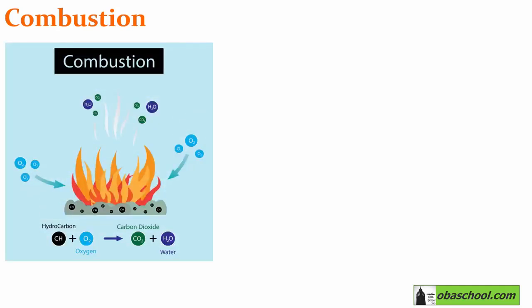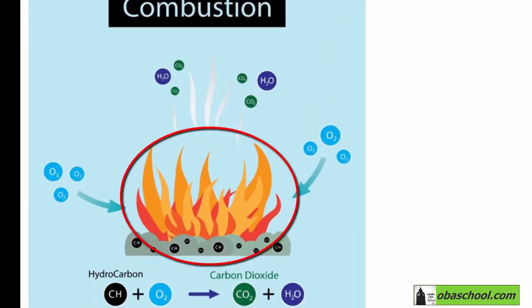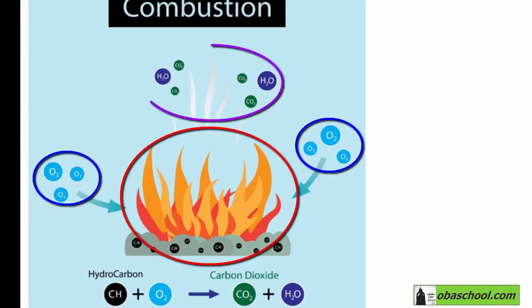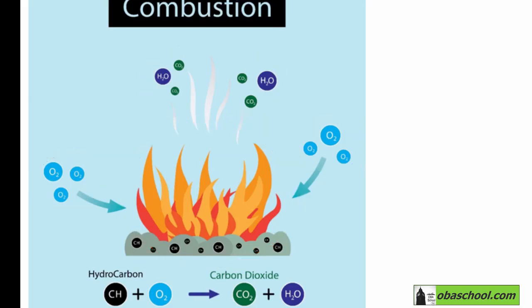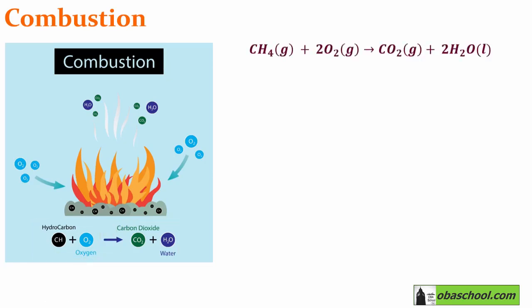When a saturated hydrocarbon, which means an alkane, burns completely in a plentiful supply of oxygen gas, carbon dioxide will form and water, H2O. So the reactants are the alkane and oxygen, whereas the products are carbon dioxide and water. Let's examine the combustion reaction of methane, CH4.